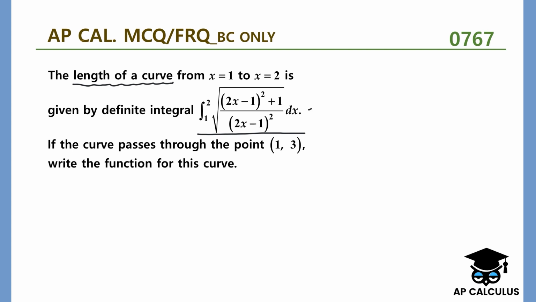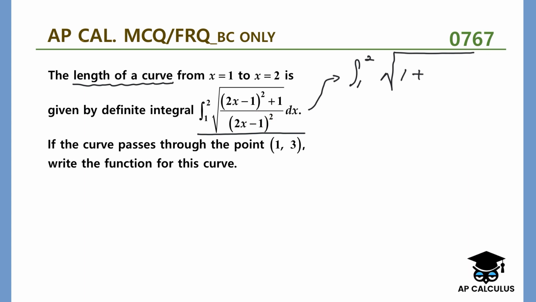If we simplify this definite integral, that's integral from 1 to 2 of the square root of (2x minus 1) squared over (2x minus 1) squared, that's 1, right? Plus 1 over (2x minus 1) squared. So 1 over (2x minus 1) squared dx, right?